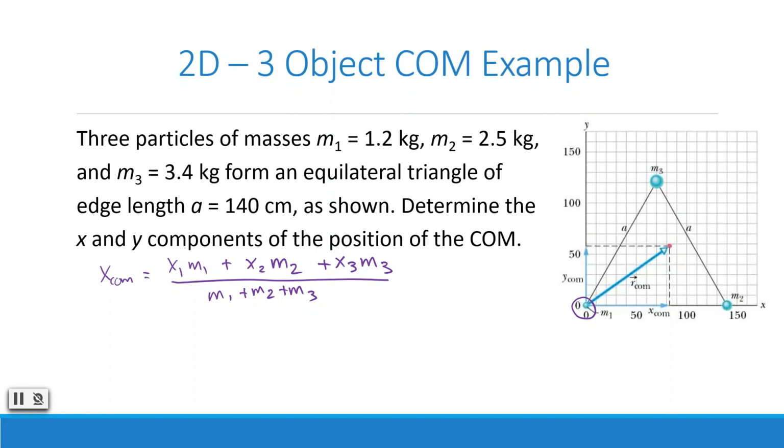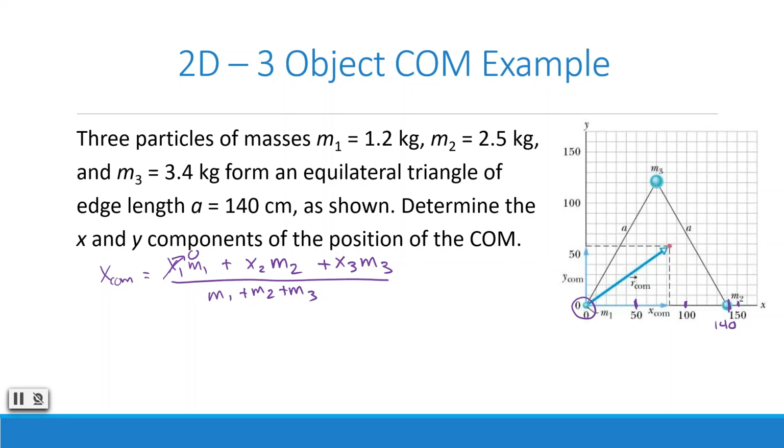What we're going to need to do is go through and define those. So m1 is actually at a position of 0. So x1 is 0 for that one, which simplifies things down a lot. Now looking at the second one here, if we look at the setup, that's 50 and 100. Let's see, 1, 2, 3, 4, 5. 1, 2, 3, 4. This is at 4. So that looks like that's at a position of 140, because I think 150 is actually that spot right there.